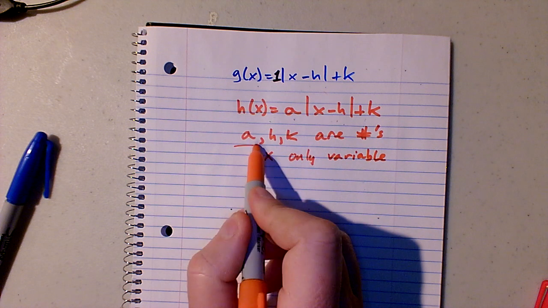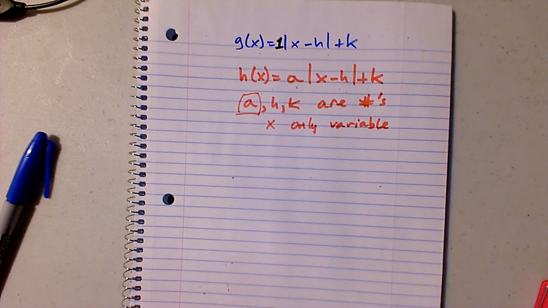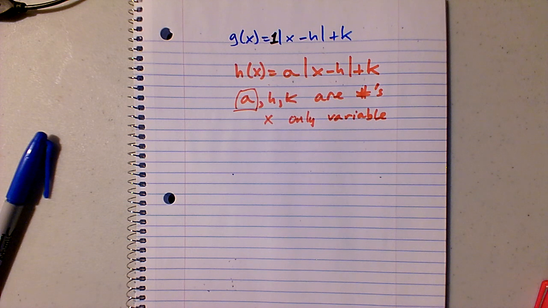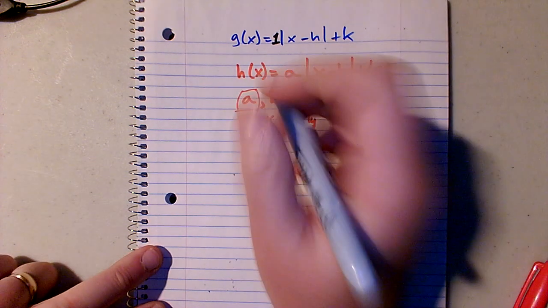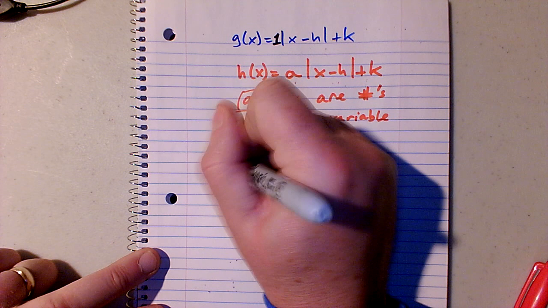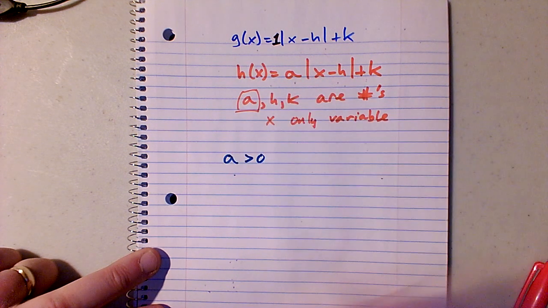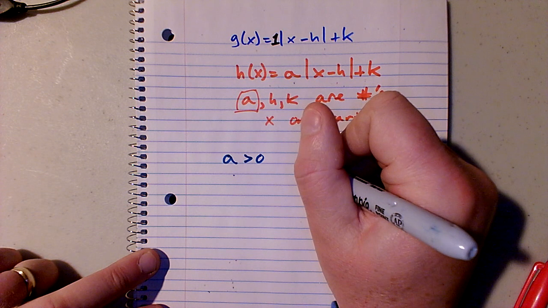What's the impact of a on the graph of the base function? Well, I believe this was part 4 and 5 in that graphing activity I asked you to work on, and hopefully you discovered that if a is positive, that is, if a is greater than 0, our graph opens up.